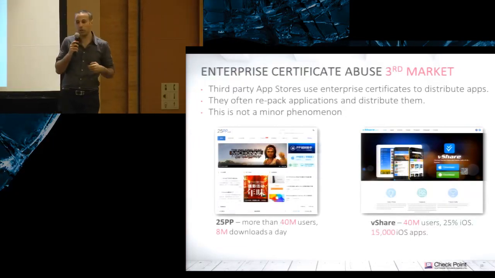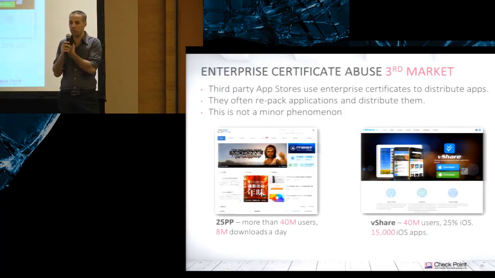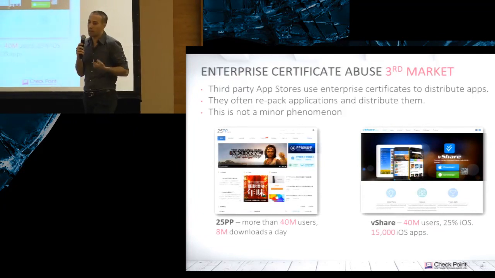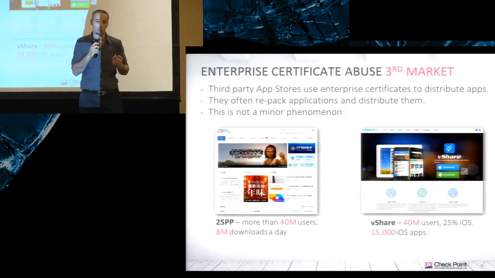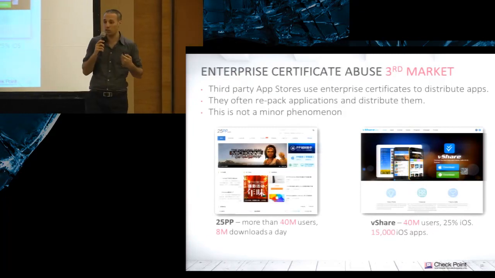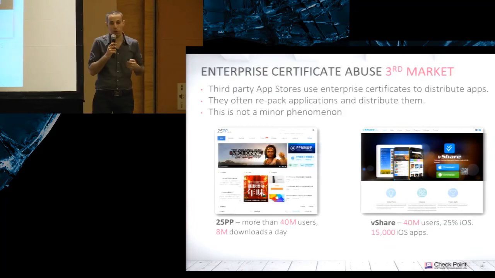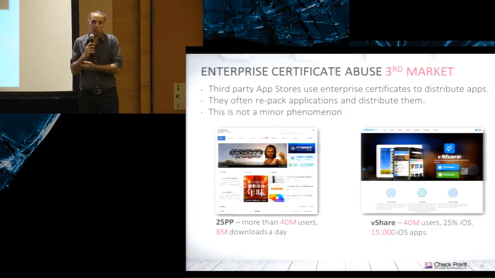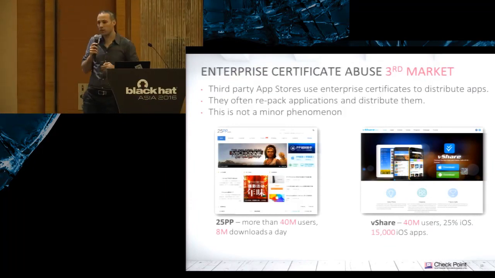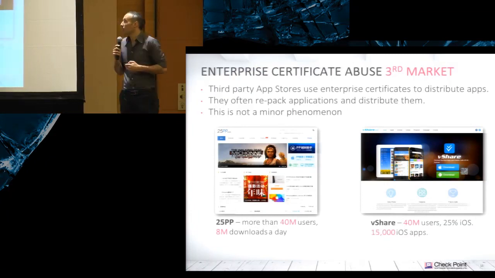Although the purpose of these third-party markets is not malicious, you cannot rely on them to invest the time and money that Apple does to assure that nothing malicious will get into the market. This is a major problem as a user because you cannot rely on the source. But this is still a gray area because their purpose is not really malicious.